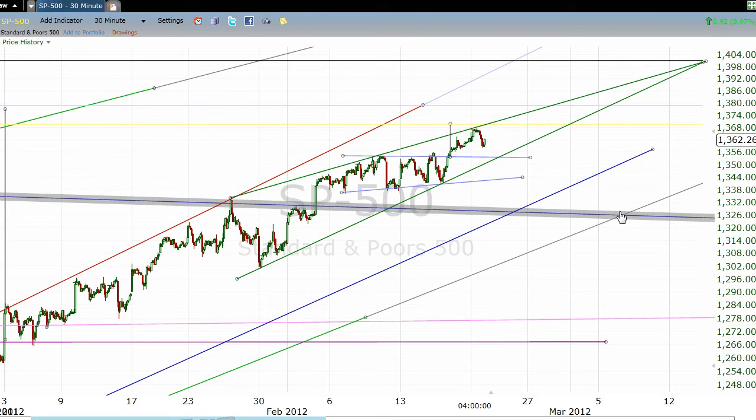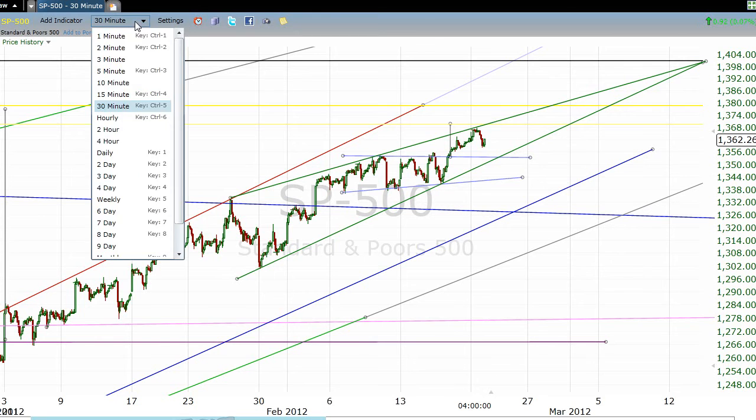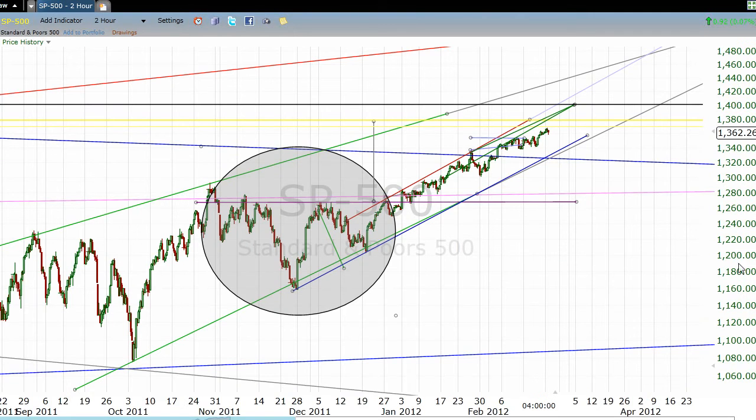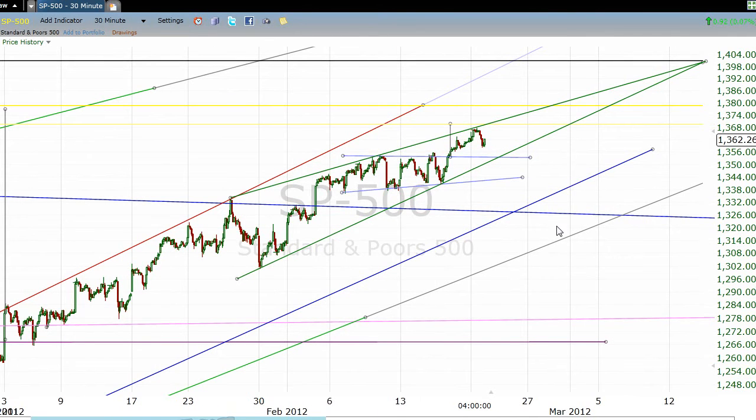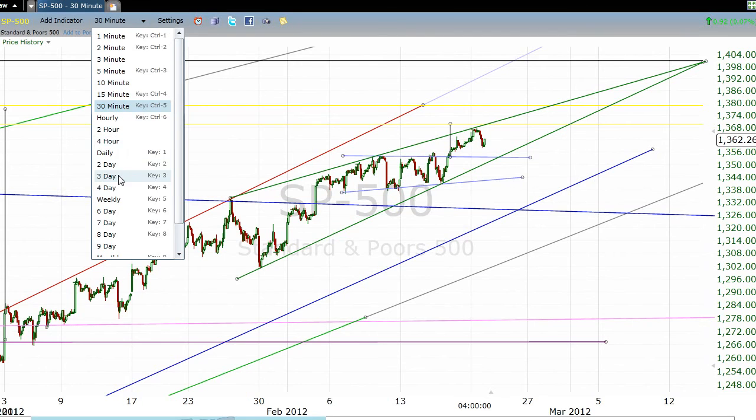Now what's interesting is we also have an ascending blue line and an ascending green line. And those all sort of line up right now. If we look at where trading would be if we had a really strong downward move, then we're looking in the 1320s, and that would also be a backtest on this blue line that we have examined.